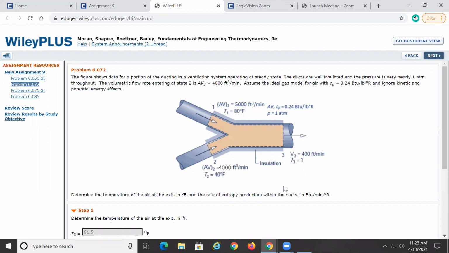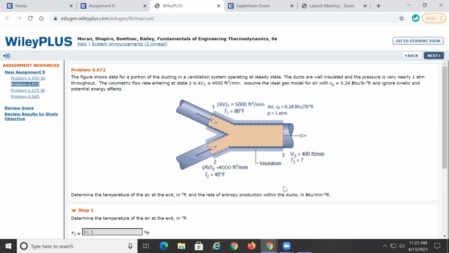So let's see what they give us. So this is 1. 2 is also going in. And 3. Okay, so we have 3, 1, 2. AV1, the volumetric flow rate at 1, is 5,000 cubic feet per minute. T1 is 80 degrees Fahrenheit.